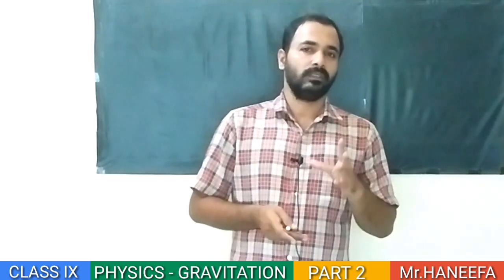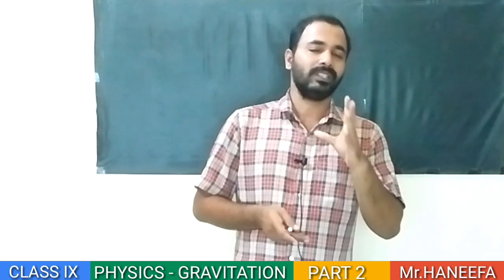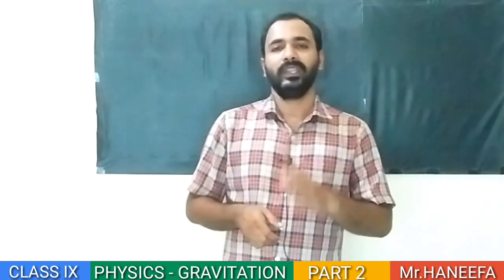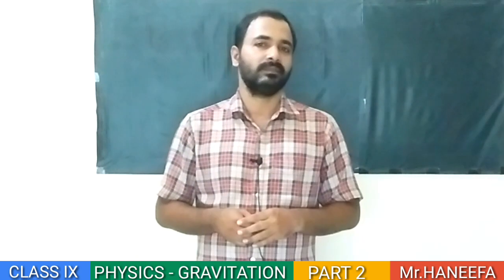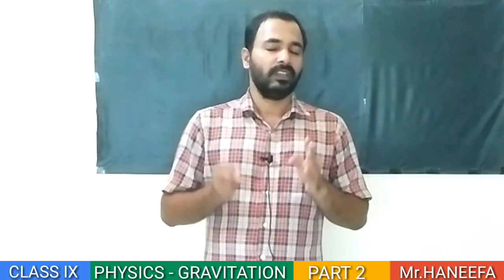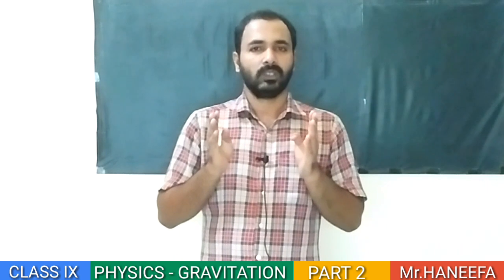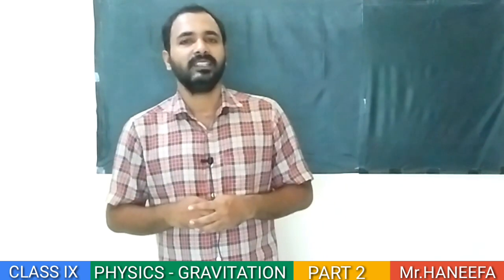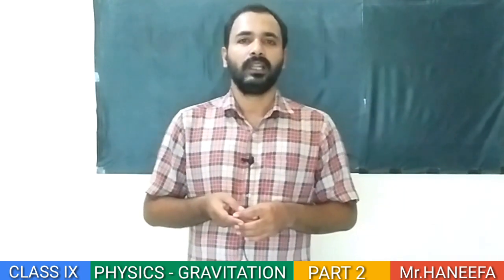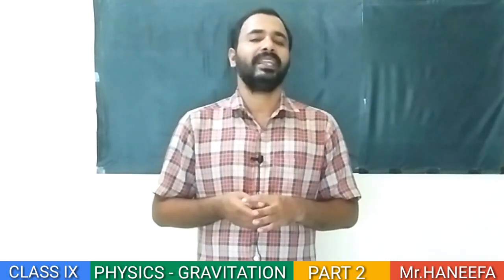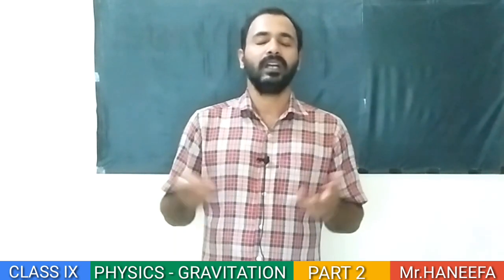Okay. Then in the chapter Force and Laws of Motion, we discussed three laws of motion. First law: every object continues in a state of rest or of motion in a straight line unless compelled by an external force to act otherwise.